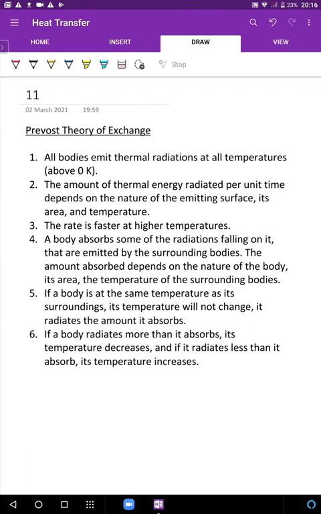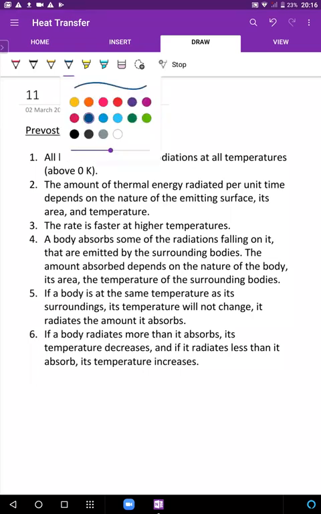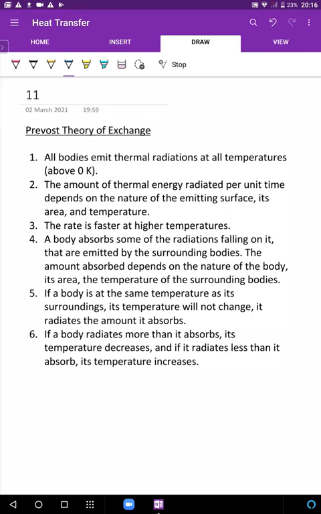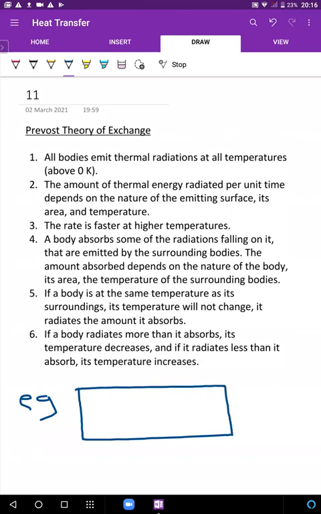Someone asked, what will happen if the surrounding has higher temperature and an object which is a source of energy has lower temperature? Simple. This is our object and this is our surroundings.